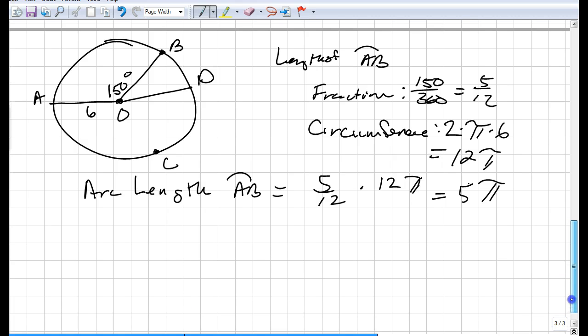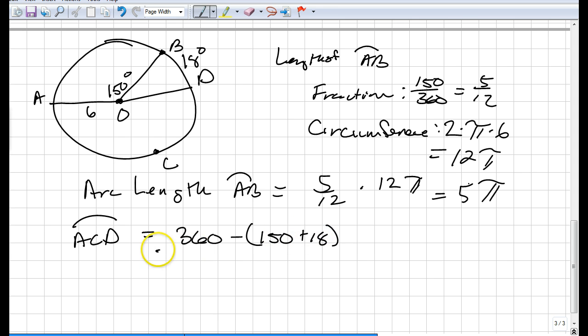Then if I want the major arc, whoops, I forgot to say that this arc is 18 degrees. So if I have arc ACD, which is a major arc, I need the degrees of that arc, so it's going to be 360 minus 150 plus 18, or 360 minus 168, or 192.